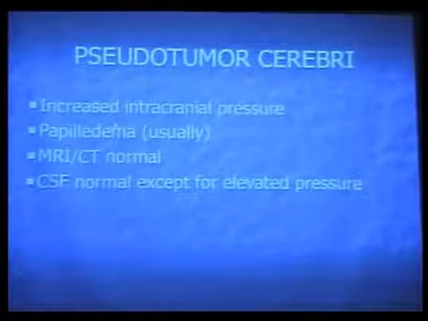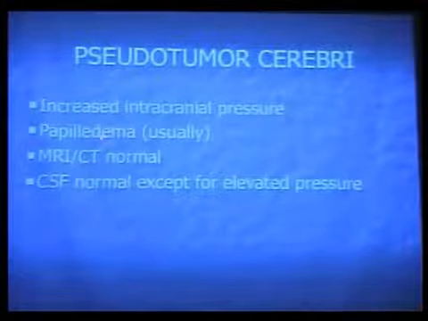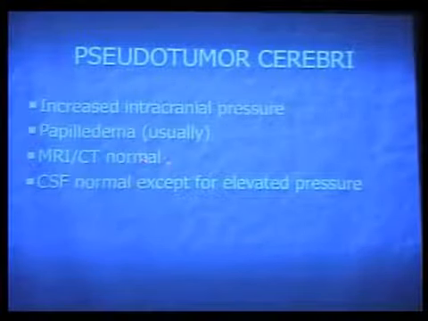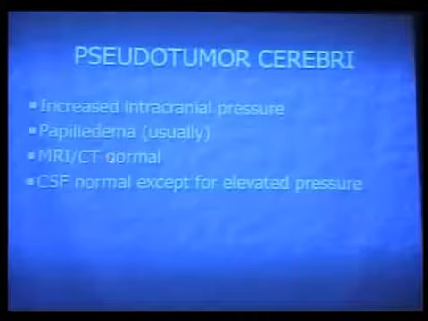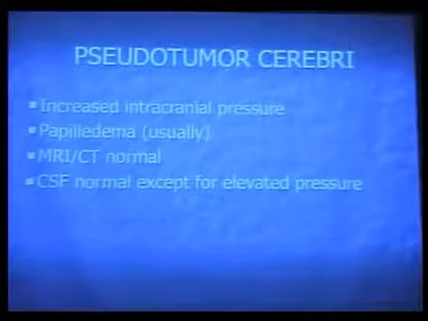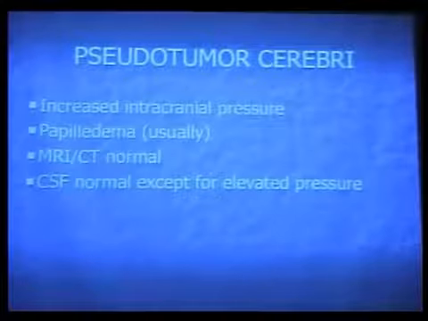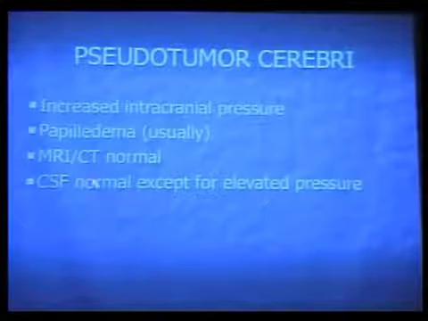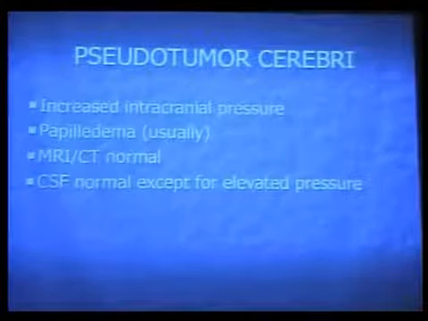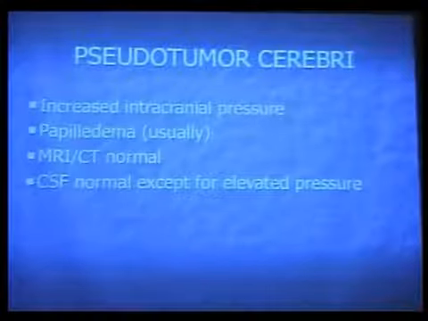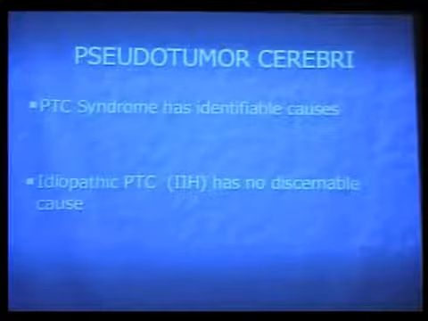And in pseudotumor cerebri, you have papilledema due to increased intracranial pressure. The neuroimaging is normal, and the CSF is normal except for an elevated pressure. So the composition of the CSF is normal. And this is the definition of pseudotumor cerebri. Papilledema due to increased intracranial pressure, normal imaging, and normal spinal fluid except for increased pressure.